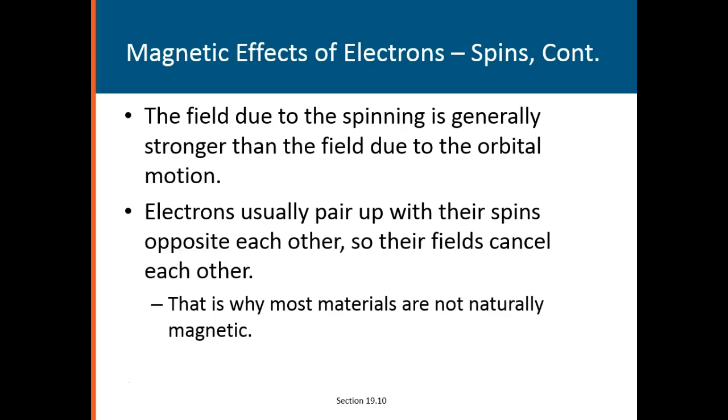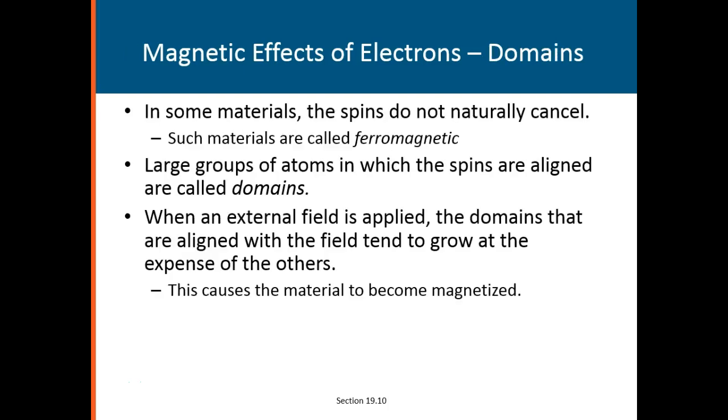Can either of you tell me what three materials are sometimes naturally magnetic? Nickel. Yes? Iron. Cobalt. Exactly. Those are three naturally occurring magnetic materials, and none of the rest are basically measurable. In some materials, the spins do not naturally cancel, and such materials are called ferromagnetic materials.